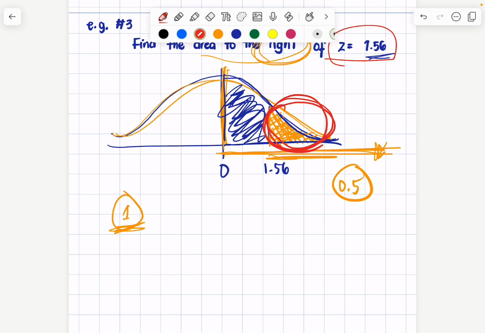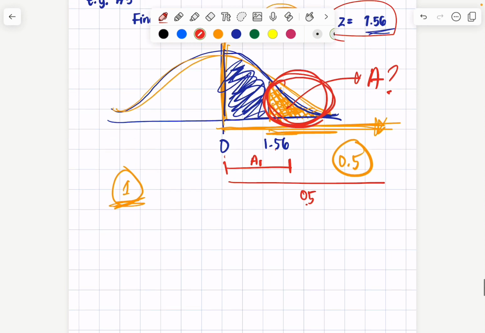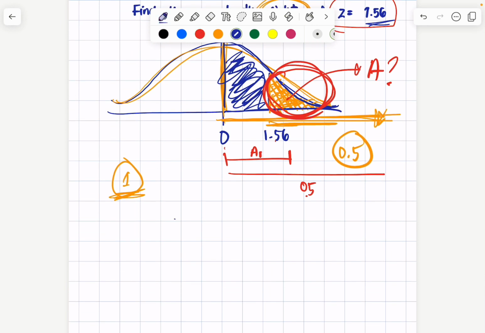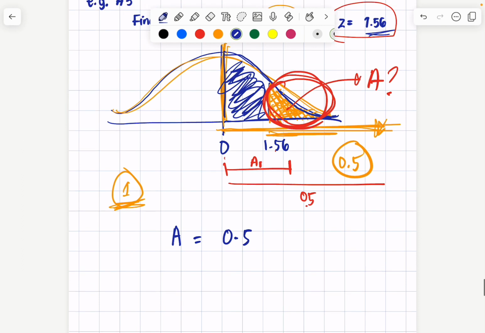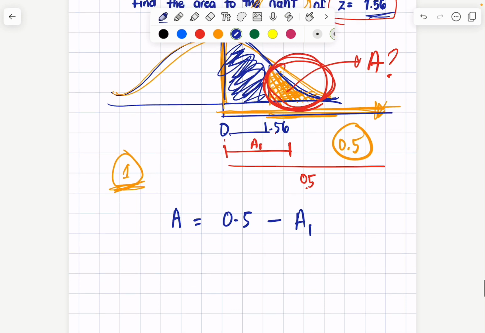Mahimo ni siyang this one tanan, which is 0.5, minus this one, gikan ni 0, tama ni 1.56. So, this will be your A1. And then, this will be your A, which is question mark. So, imo din na siyang isulat diri A is equal to 0.5, which is your area, gikan ni 0, taman to the right. Minus the A1, which is 0, padulong ni 1.56.